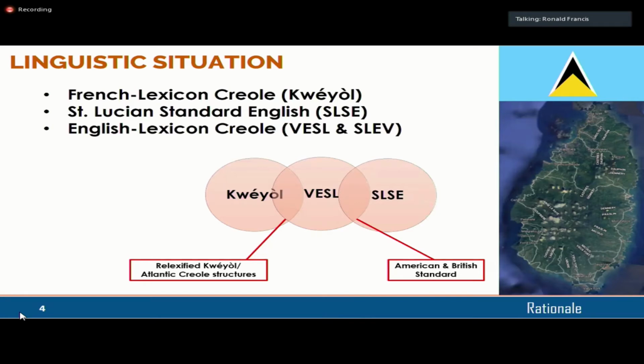And there are other parts of Vessel that look like English. So whatever is in the essay that is non-standard but looks more like English, bears greater semblance to English, I have considered a non-standard English form. And whatever can find direct translation into Creole, I have considered basically a re-lexified English form. And that is what I refer to in my essay as Vessel.